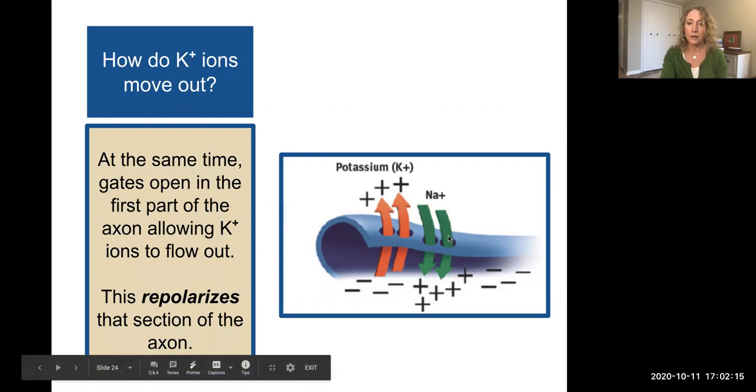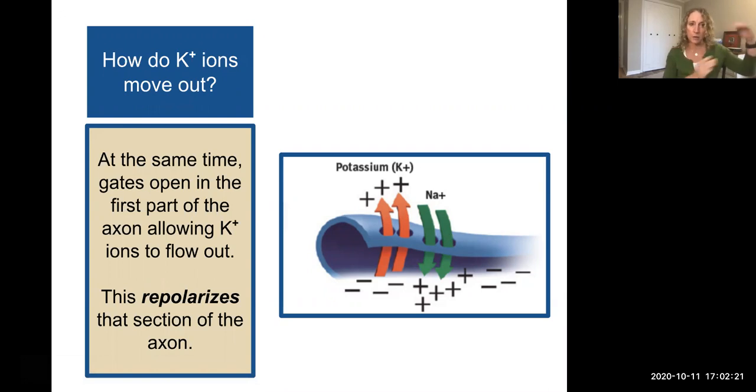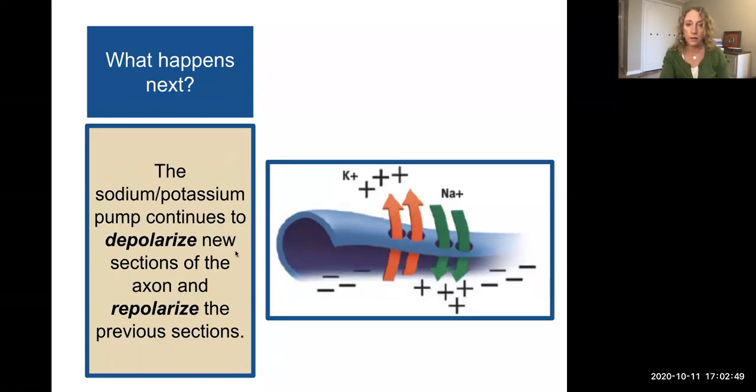So now another thing that you need to understand is that down along the axon, almost like a domino, sodium in, potassium out, it's going down along the axon. While that's happening, the parts that have already received the sodium, where the potassium's gone out, the previous sections are repolarizing.